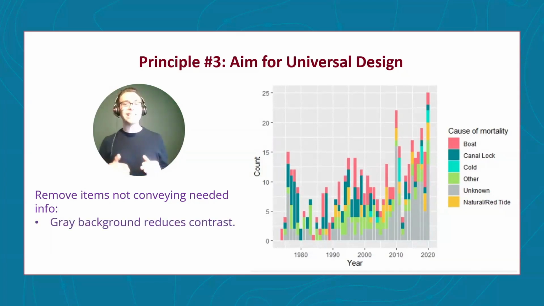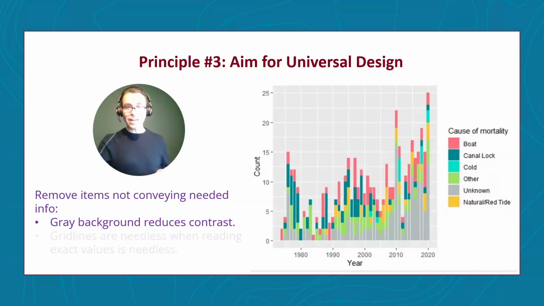But because it isn't white, which means it isn't void space to our mind, we must mentally process it, realize it doesn't do anything, and then ignore it. So that's not terribly helpful, right? Interestingly, here it is also reducing contrast between it and the colors in the graph itself, which are conveying information. So white would be better for both of these reasons.